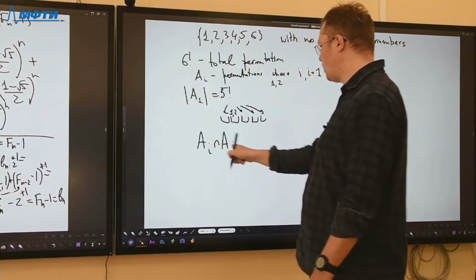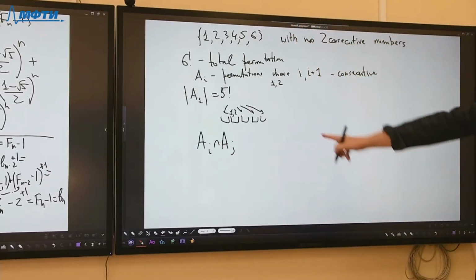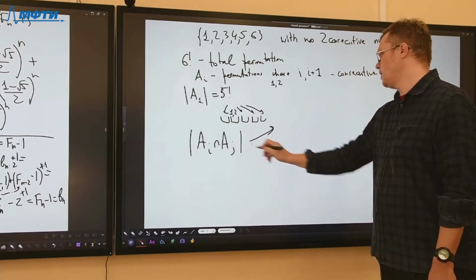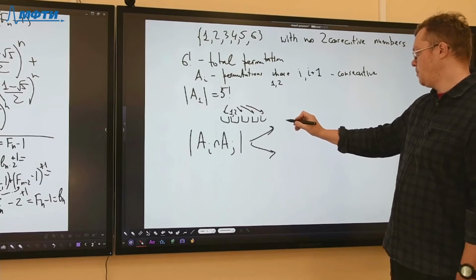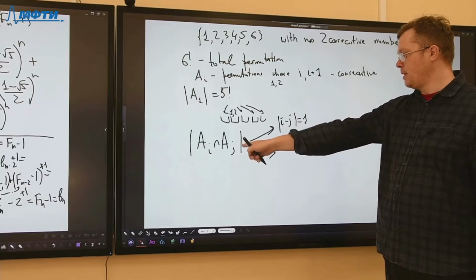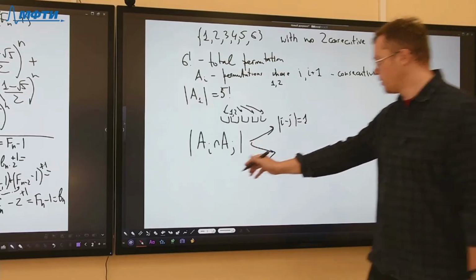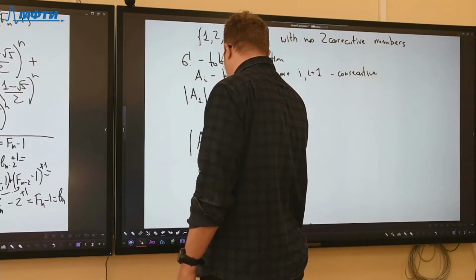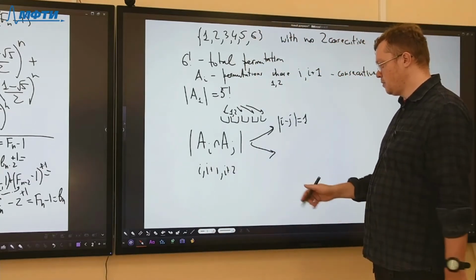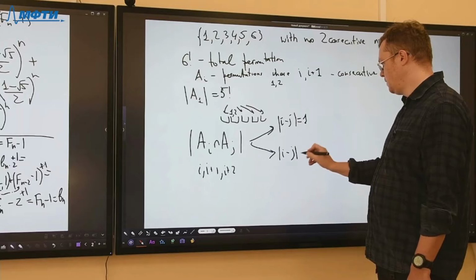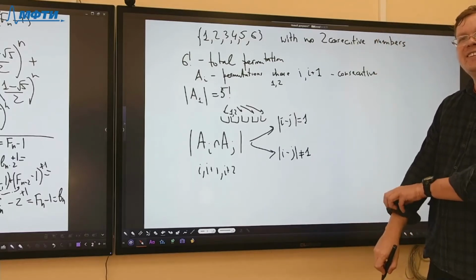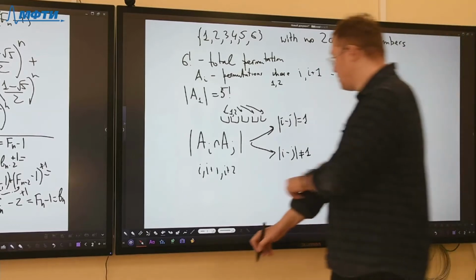Now, the problem is that when you calculate the number of the pairs, you have to consider 2 different cases. If there are 3 consecutive numbers, for example, i, i plus 1, and i plus 2, or if they are disconnected.